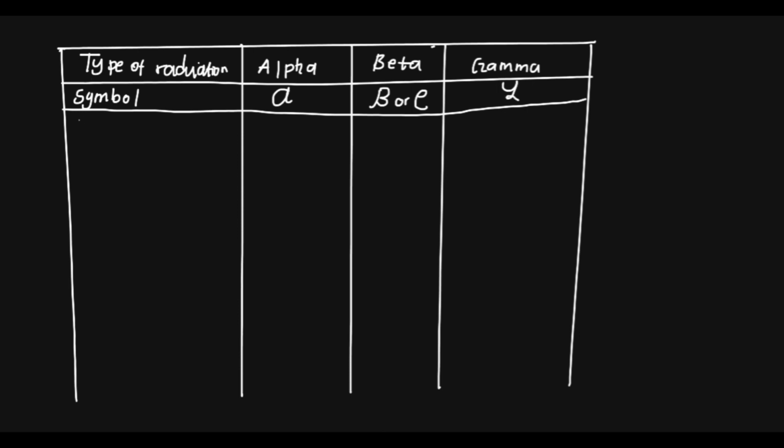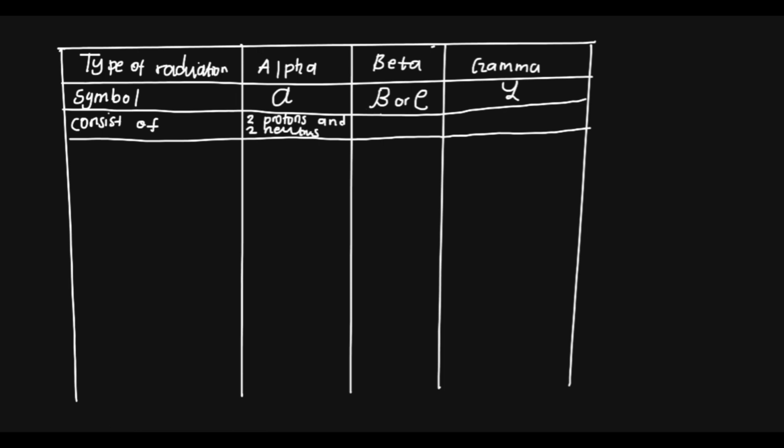From there, we'll look at what each consists of. So this time we are looking at what the alpha consists of, beta and gamma. So for the alpha, it consists of 2 protons and 2 neutrons.